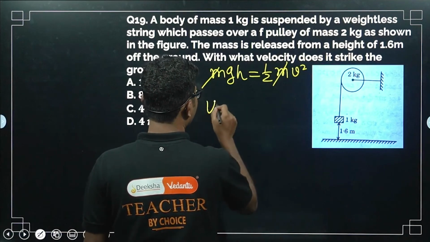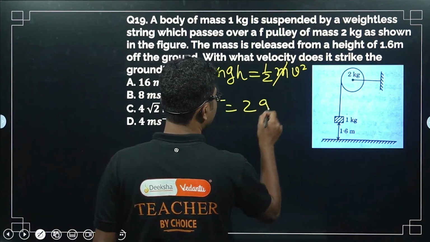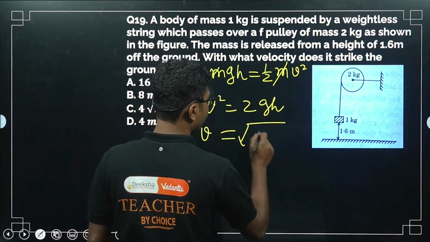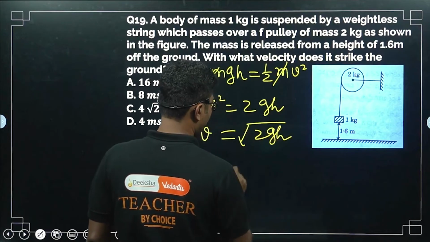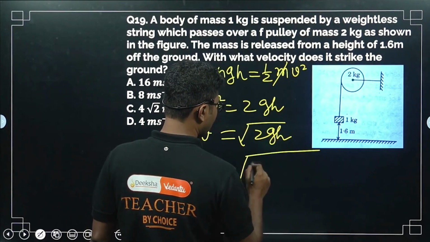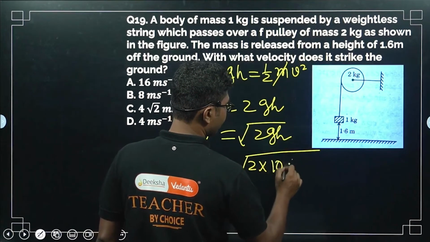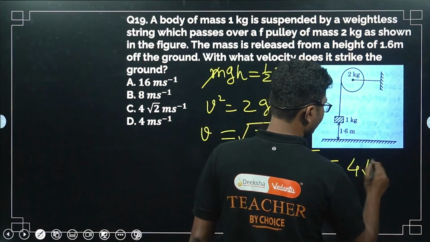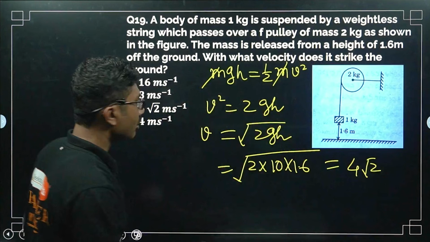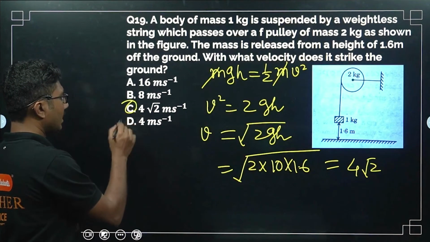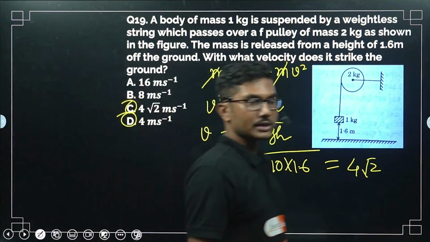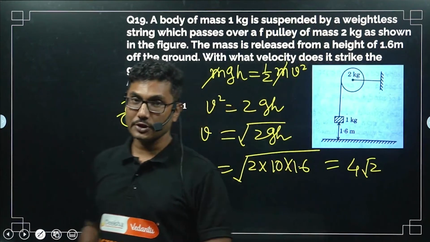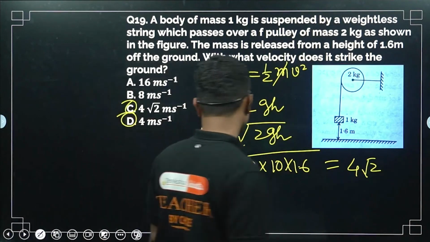And you can write v square equals 2gh, or v equals square root of 2gh. Simple formula, 2 times 10 times 1.6, so it will become 4 root 2 meter per second. So this option also was correct in this problem. So both options were considered correct. If someone has answered either of these two options, then it is considered a correct answer.